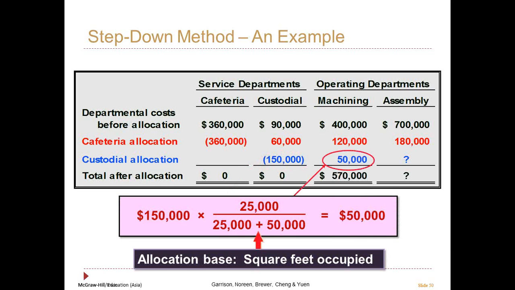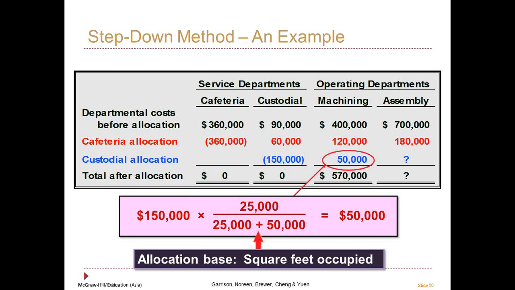The total number of square feet in the allocation base is 75,000, 25,000 for machining, plus 50,000 for assembly. The allocation percentage is calculated by dividing the square feet in a department by the total number of square feet in the allocation base.